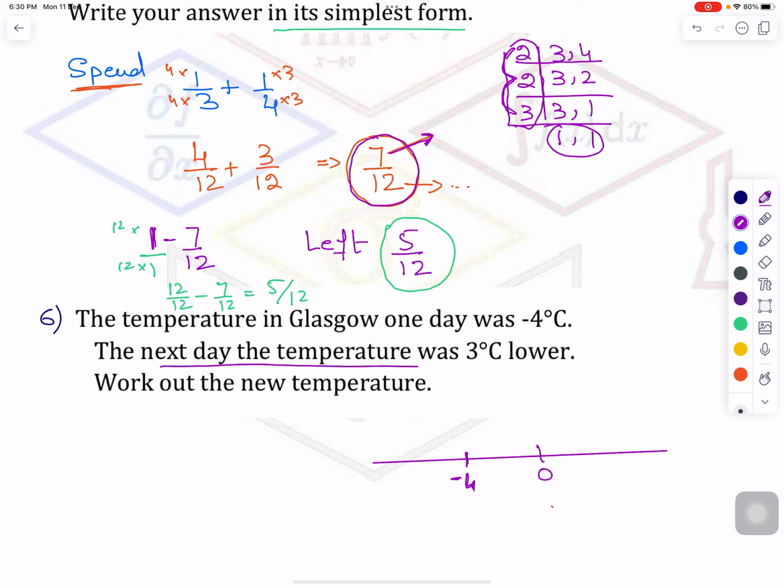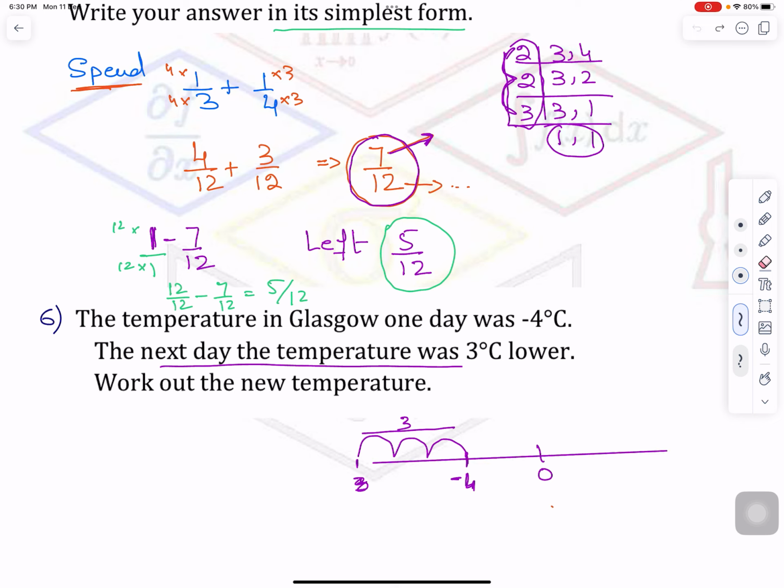The next day the temperature was 3 centigrade lower. Lower means further down. So if I jump 3 places, 1, 2, 3, right? Sorry, I want to write here that altogether I have gone 3 degrees lower. So what is my new temperature? New temperature will be minus 5.